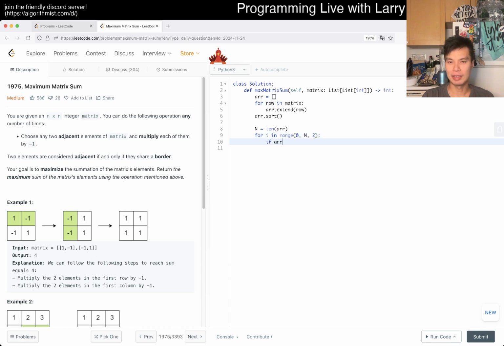And then if array of I is less than 0 and array of I plus 1 is less than 0, then yeah, we just trivially flip it. Maybe today I'm just not doing well, but yeah. Otherwise, else if is less than 0 and then that's pretty much it.